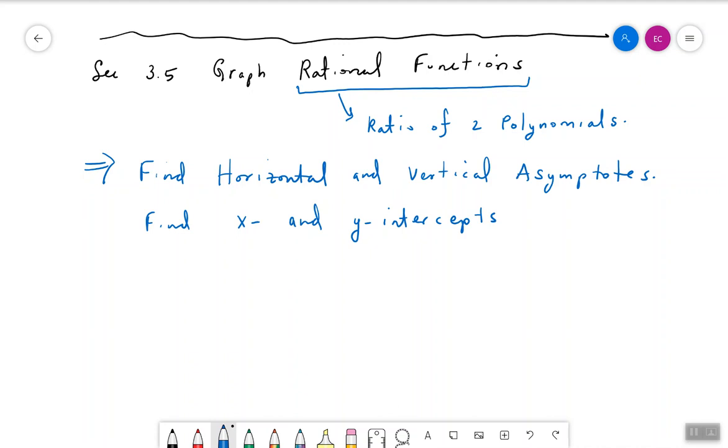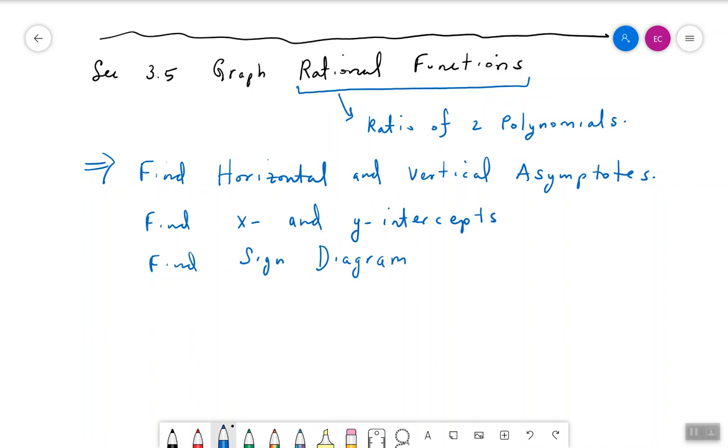Okay, if you have horizontal and vertical asymptotes and you have x and y intercepts, you need a sign diagram. Remember, that's a funny looking D, isn't it? Let me see if I can fix that. Okay, so we need a sign diagram.